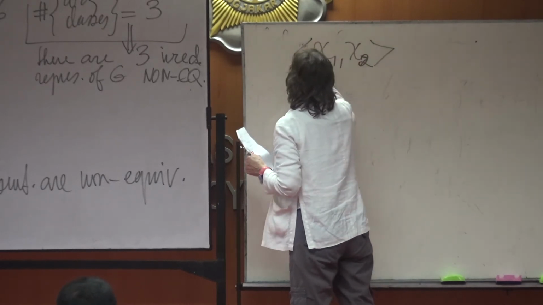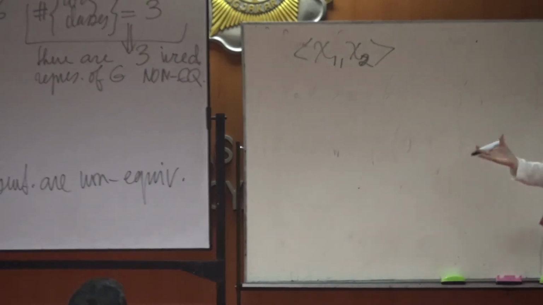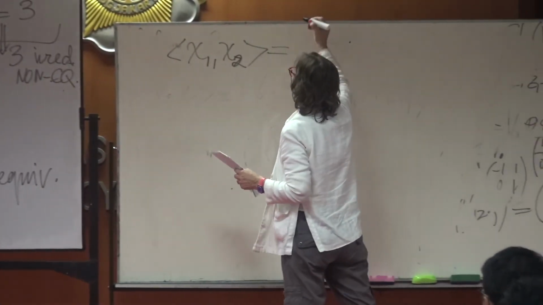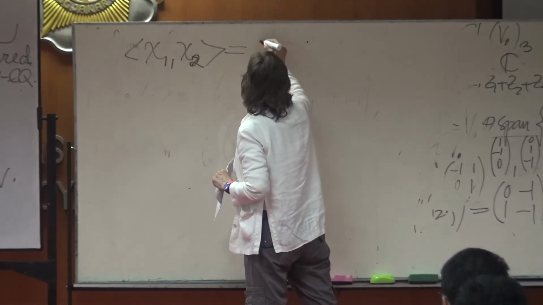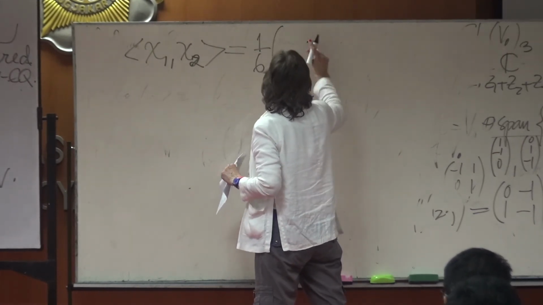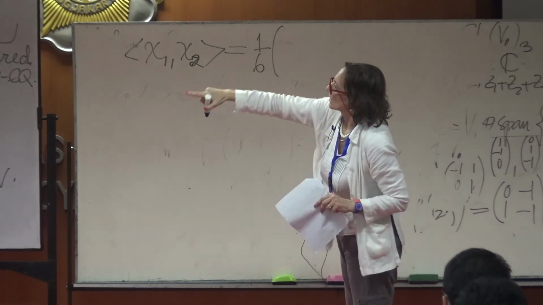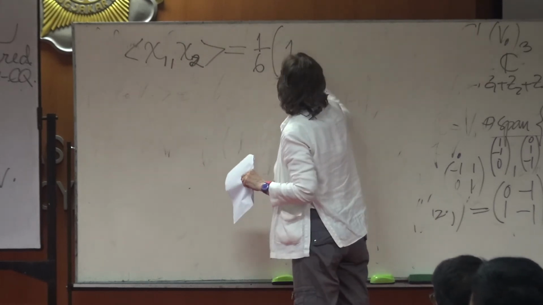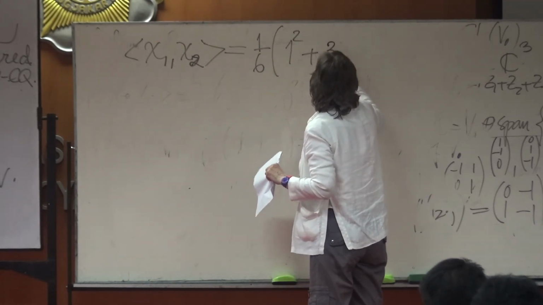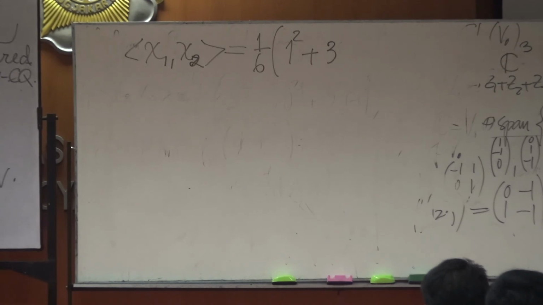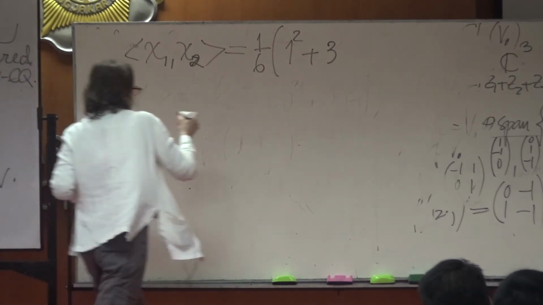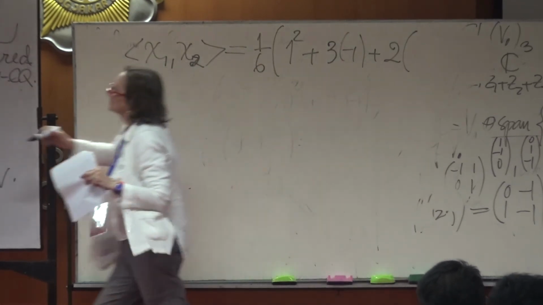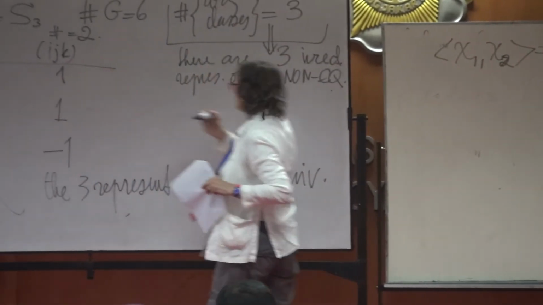It is just to illustrate the theorem. Here we are not discovering anything new in this moment. So it's 1/6 times 1 plus 1 times 1 square plus 3 times this, so -1, plus 2 times this times this, which is 1. So you see you get 0.